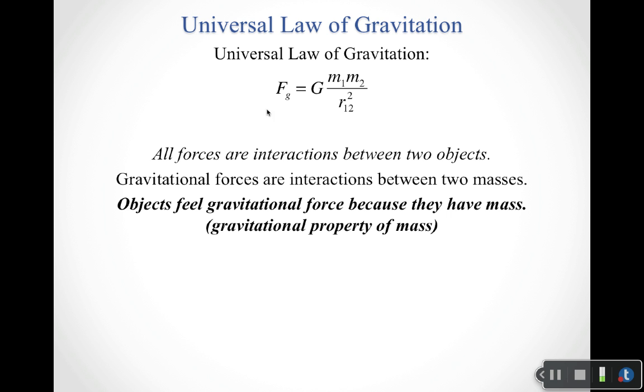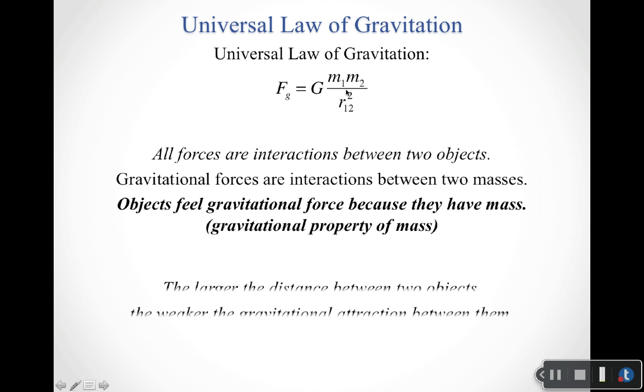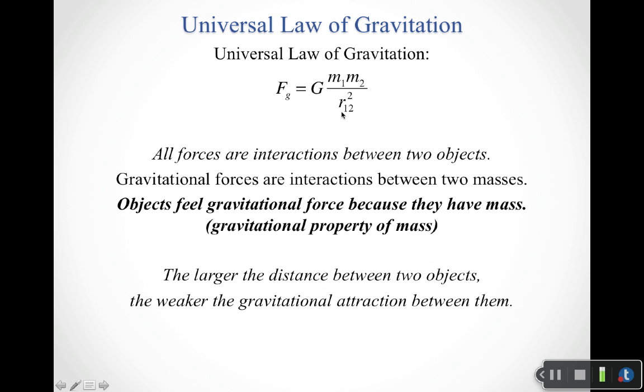It tells us that objects feel a gravitational force because they have mass. This is known as the gravitational property of mass. We talked about the inertial property of mass, the idea that to accelerate something with a large mass, you have to give it a very large force. But this is the gravitational property of mass: objects that have mass feel and exert gravitational forces.